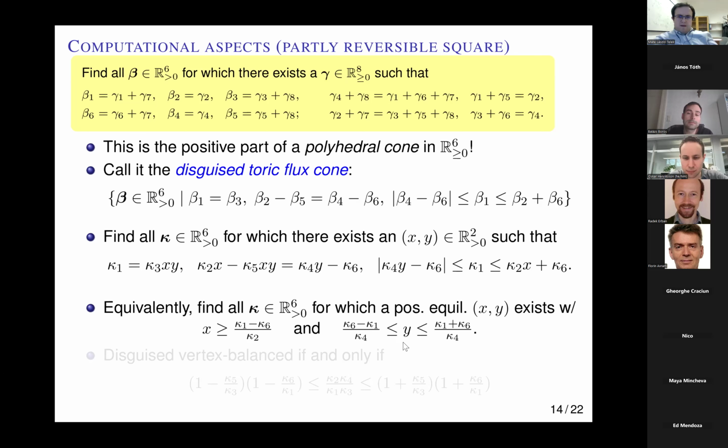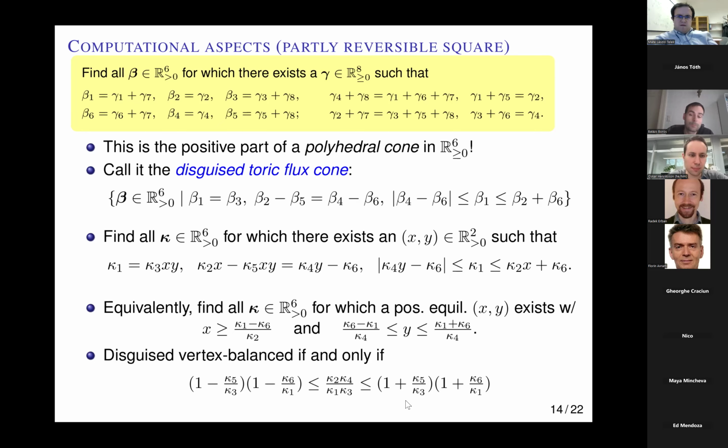If this is the case, that's exactly my disguised toric locus. And if I solve this nonlinear quantifier elimination problem, then this is what I get: the disguised vertex balanced locus, or disguised toric locus.